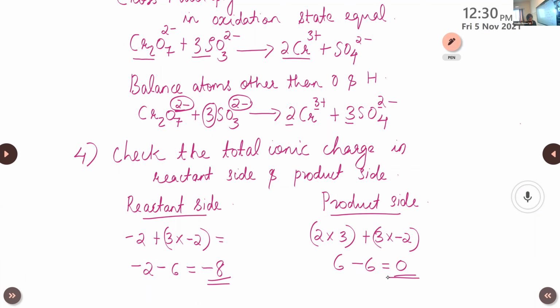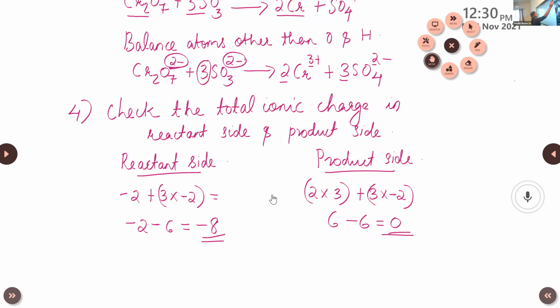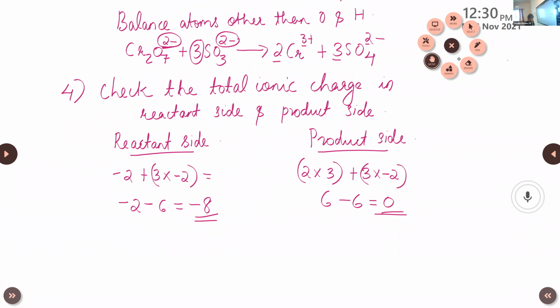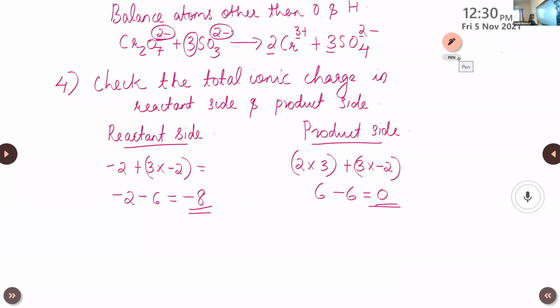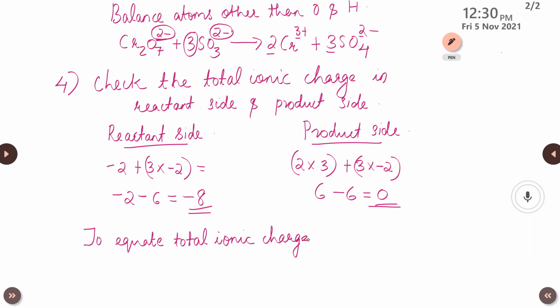Okay? Write down the step. To equate the total ionic charge, add H plus ions if it is acidic.